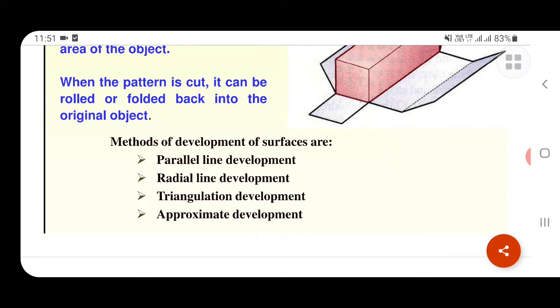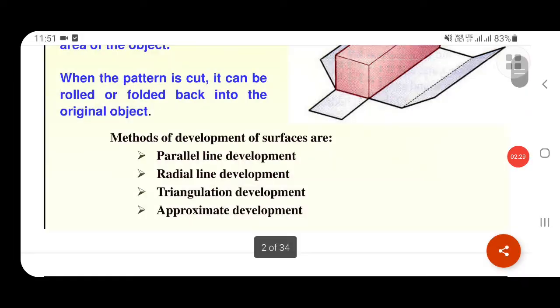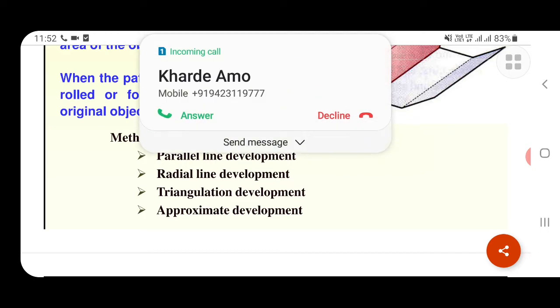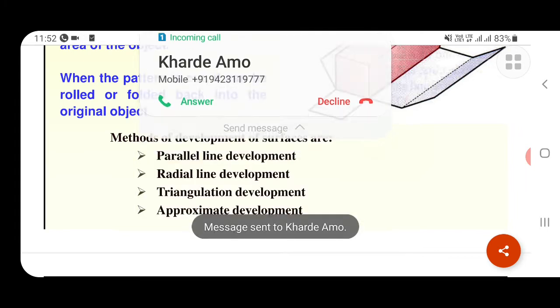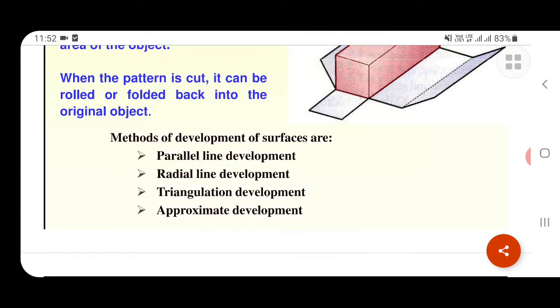Write down all four methods. Out of these, two are more important for the development of surfaces.